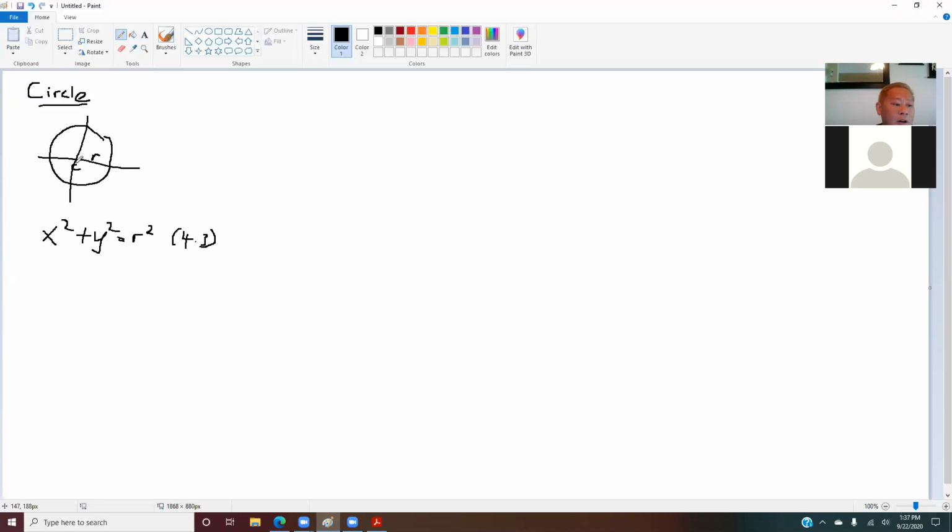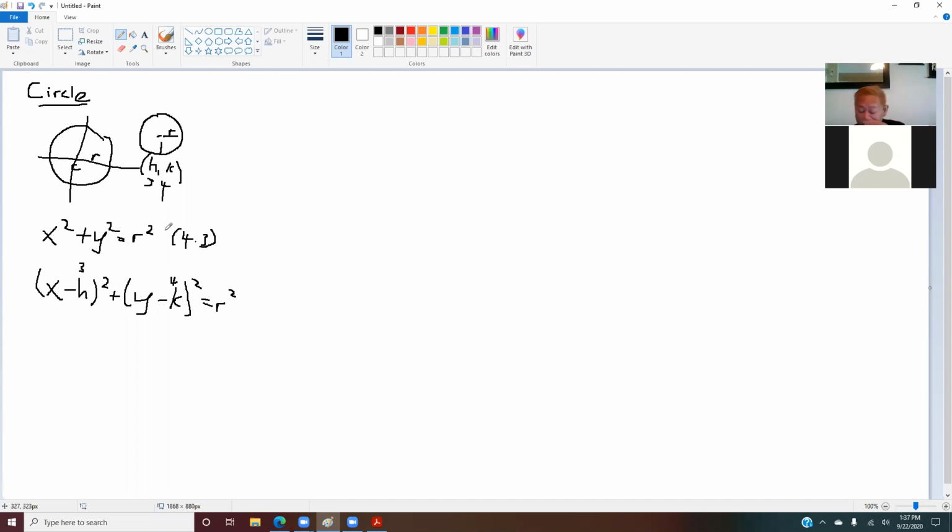But if your center is moved to a location (h, k), you still have a radius, then your formula will change in x and y. Your x will become (x minus h) squared plus (y minus k) squared equals r squared. So if your (h, k) is in quadrant 1, say 3 and 4, then this will be x minus 3 and y minus 4.